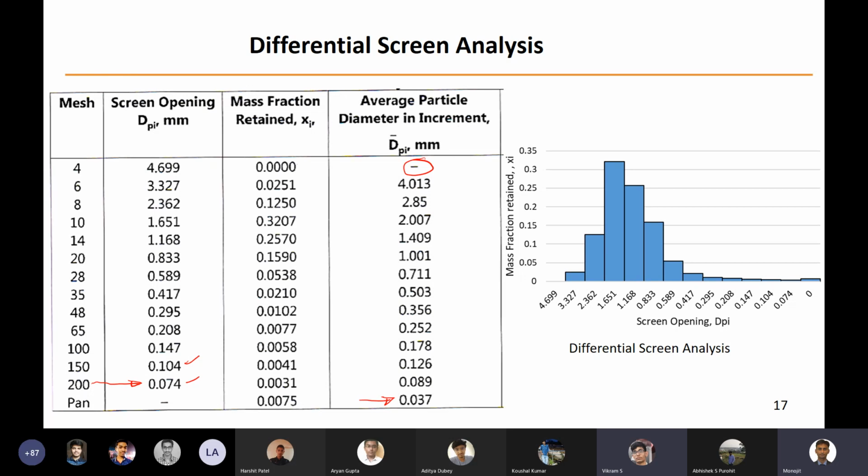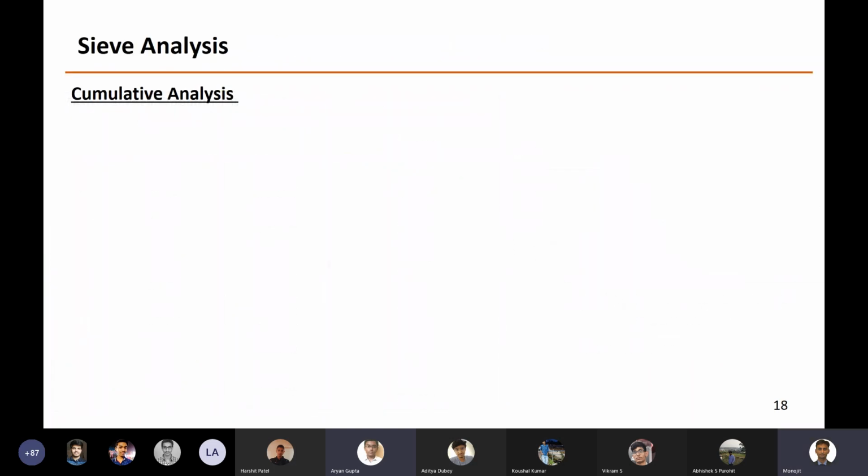It has to be the one before that divided by 2. So before that you don't know, right? There can be one case, which you said, that all the particles pass through the first screen. So this is the case here. And if this one has some number, what would be that number? 4.699 by 2. Yes, right. Okay, so this thing is clear.